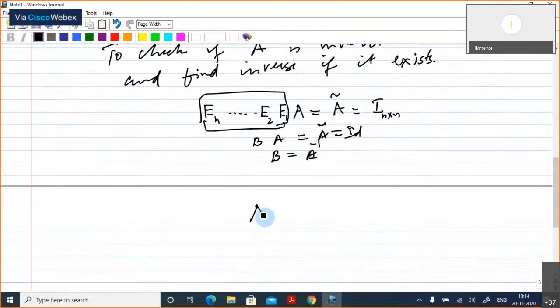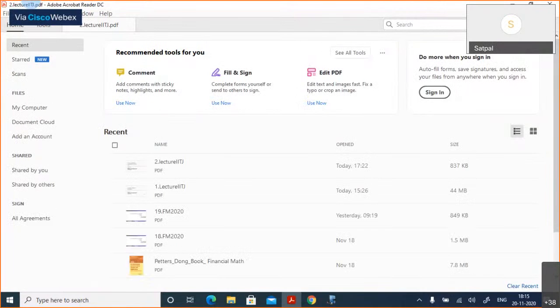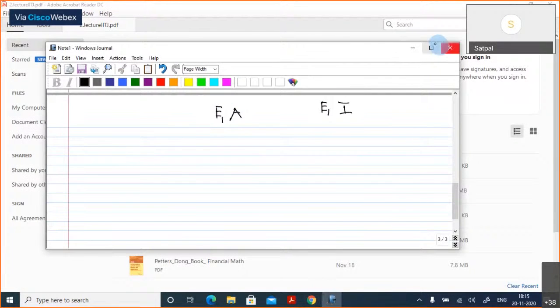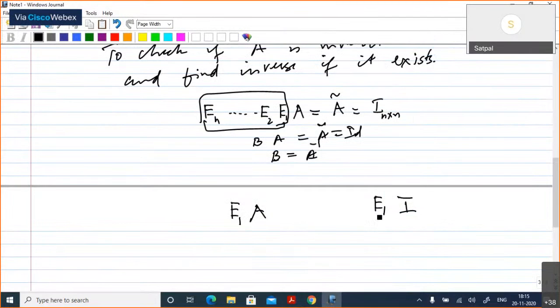For that, write down A, and let us write down the identity matrix next to it. That is the target I am trying to reach. So I apply E1 to this, and then I apply E2 and so on. When I apply E1, keep track of it. This is the record of what operations I am doing.